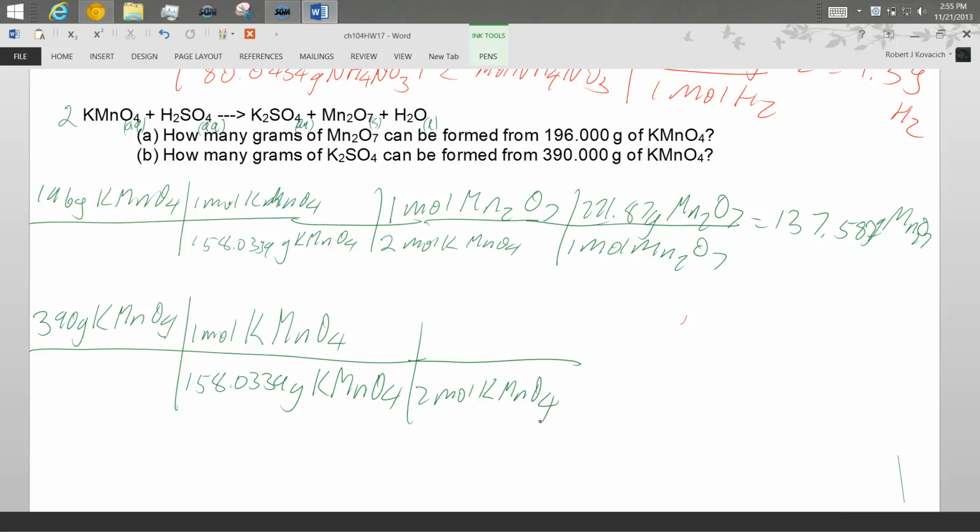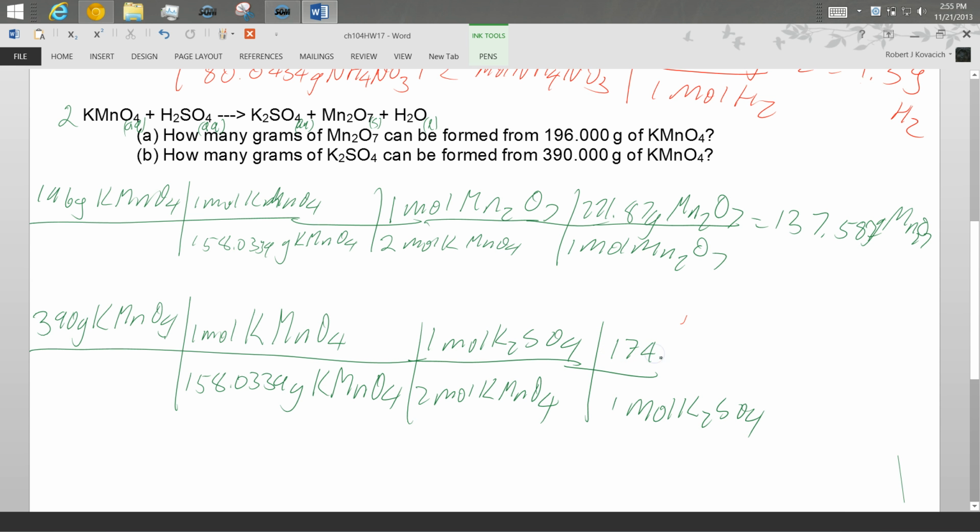And this time I'm going to be looking for 1 mole K2SO4. And for every 1 mole of K2SO4, what do we got here? 174.2602 grams K2SO4.